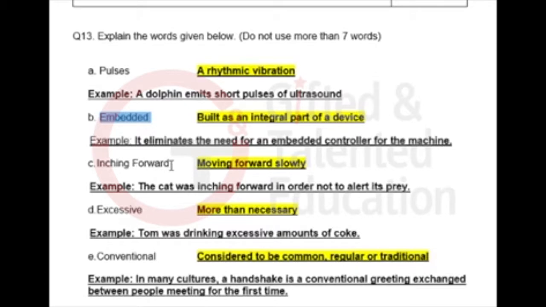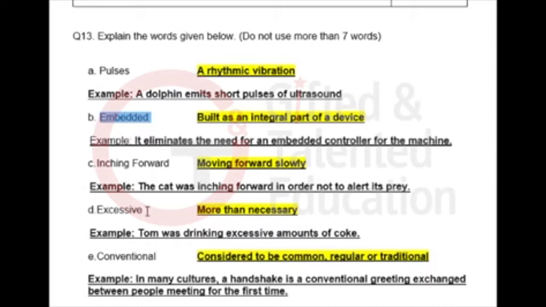When you inch forward, you move forward really slowly and carefully. Now, why would you be doing that? See this cat? The cat was inching forward really slowly in order not to alert its prey. Good move.